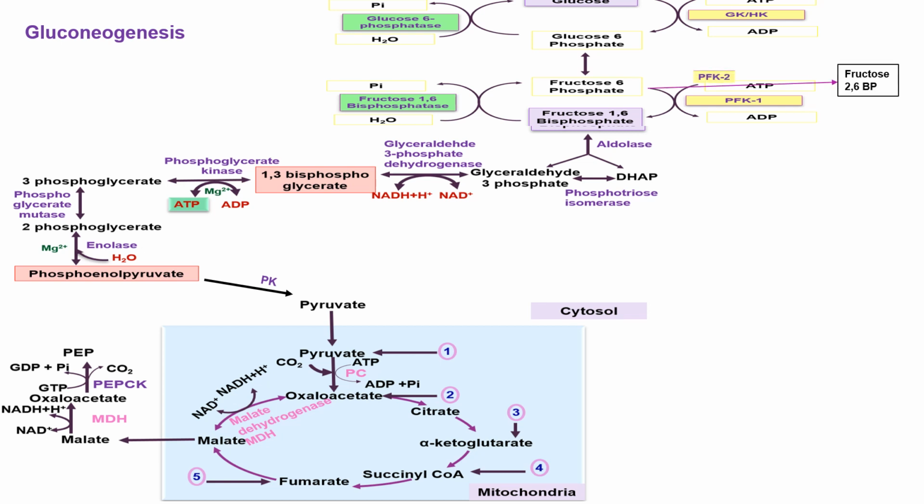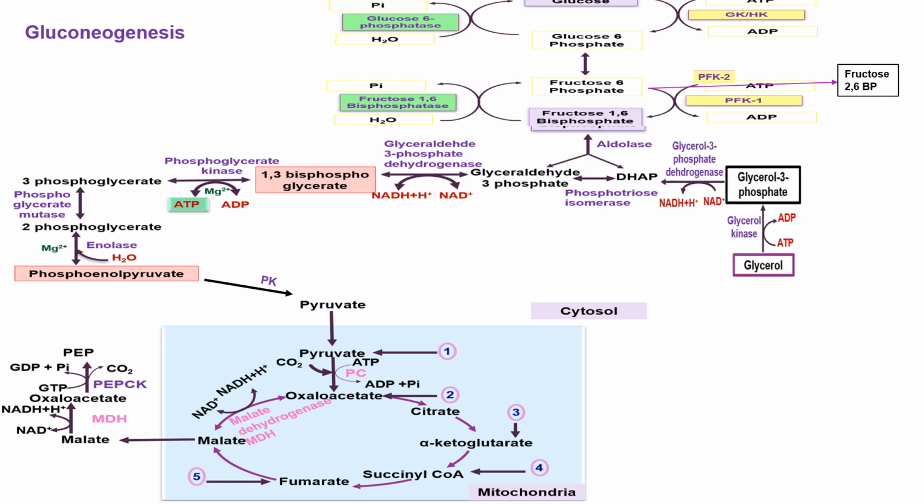So your fructose 6-phosphate also forms fructose 2,6-bisphosphate through phosphofructokinase 2. Glycerol forms glycerol 3-phosphate, which is a phosphorylation of glycerol, and glycerol 3-phosphate forms dihydroxyacetone phosphate with the help of the enzyme glycerol 3-phosphate dehydrogenase.